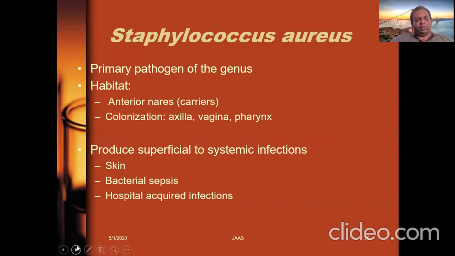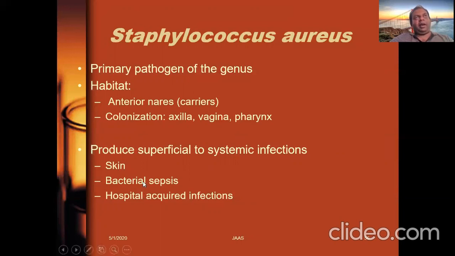It's a primary pathogen which habitats as a colonizer in the anterior nares, also in the axilla and perineal area. It mainly infects skin. It causes skin and soft tissue infection like cellulitis, erysipelas, leading to necrotizing fasciitis, also myositis, pyomyositis, and they can go further and cause bone infection, leading to osteomyelitis, and septic arthritis, that is joint infection.